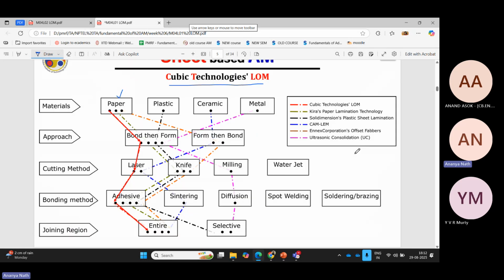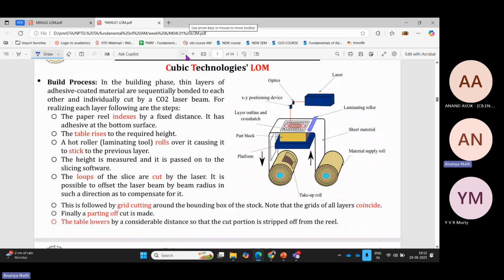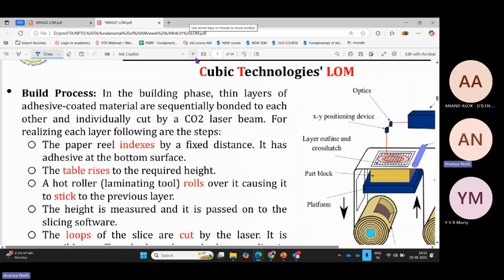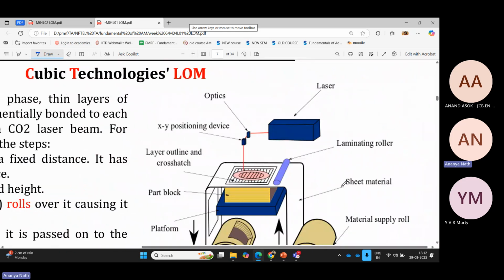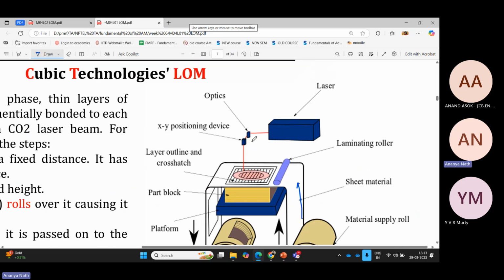If you see the process of Cubic Technologies LOM, how it takes place is, first, in this picture, this is the roller that I was talking about. This roller is placed over the build plate, and the extra part will be collected here. When it is placed, this is the first layer. Then this laser comes.